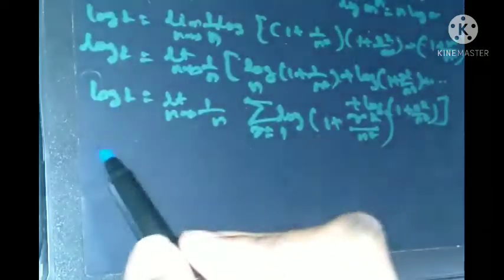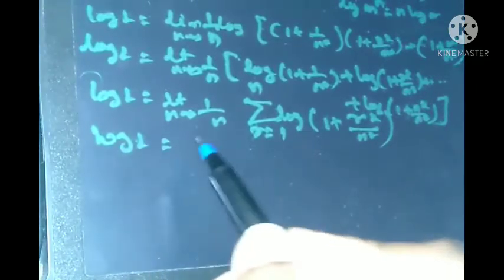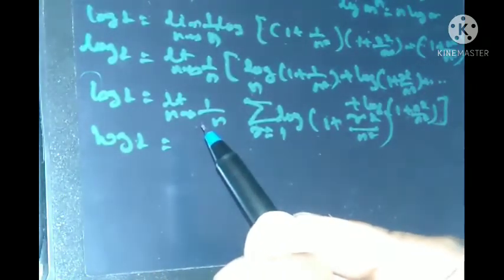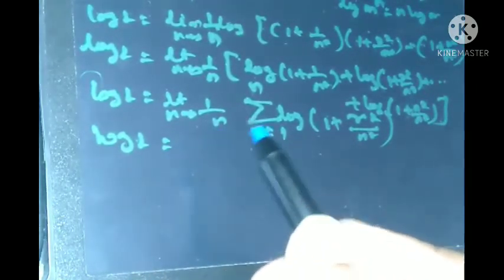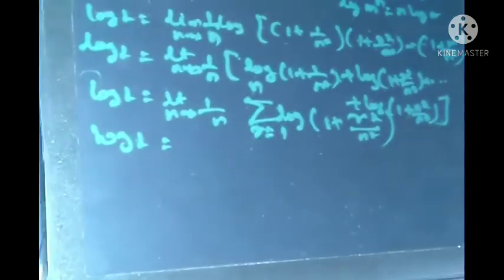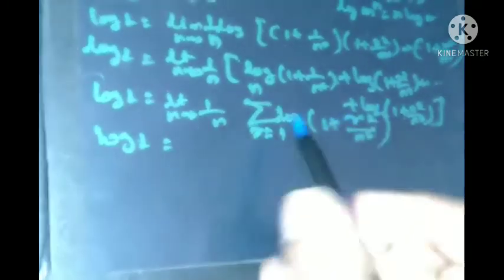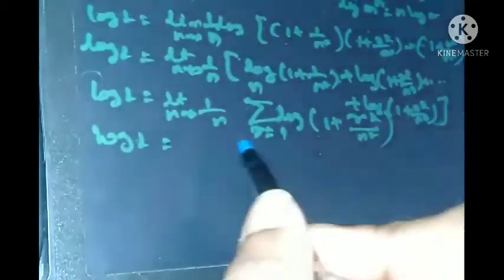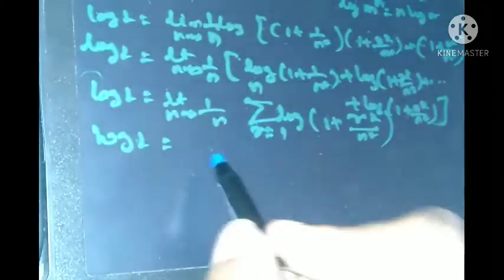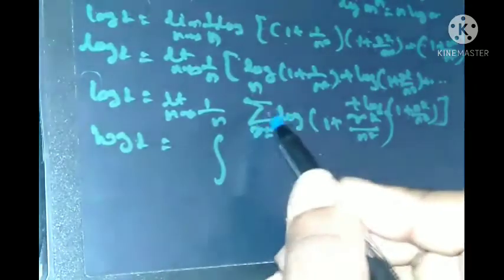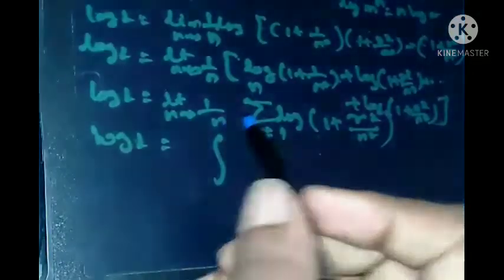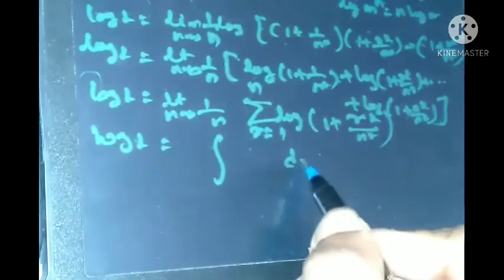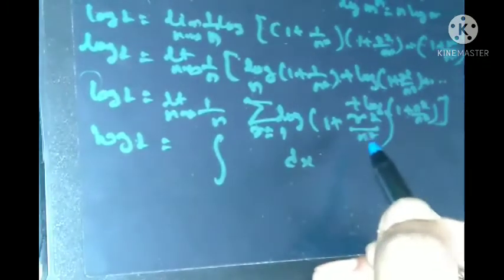Then we know that by the Riemann integral, or the definite integral, summation is converted into integration, limit n tends to infinity 1 by n is converted into dx, and r by n is converted into x.